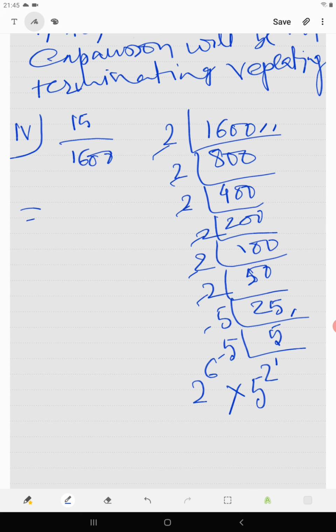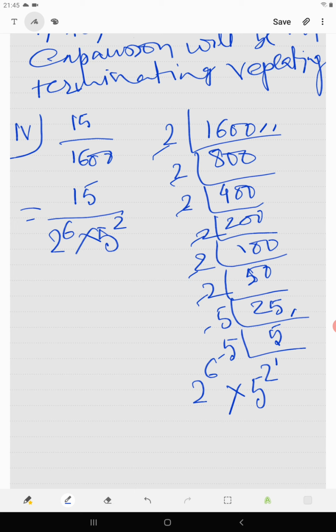So it will be written as 15 divided by 2 to the power 6 into 5 square.